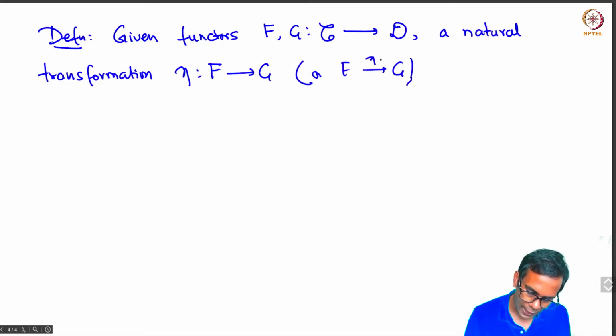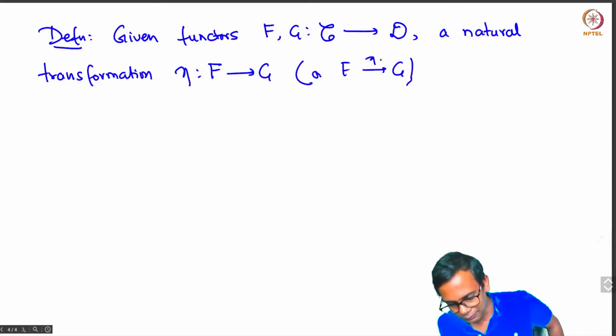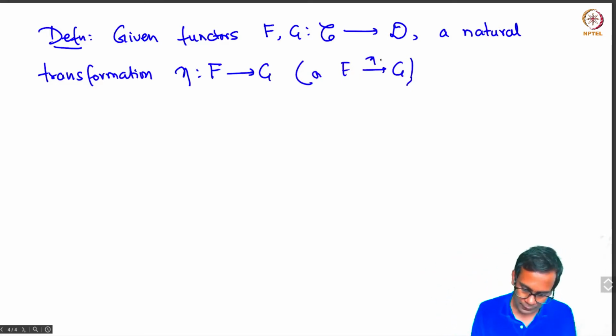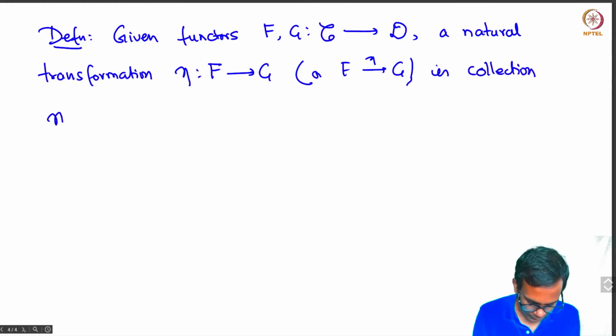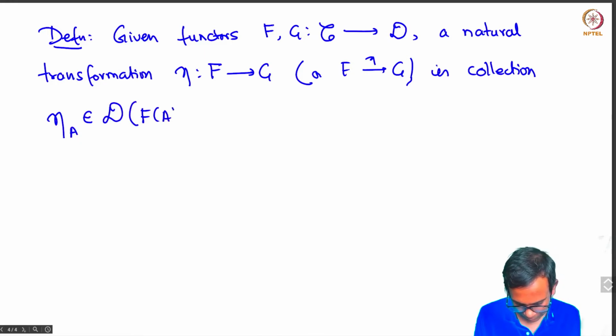So eta is an arrow in some category which we'll come to later, but eta is a natural transformation from F to G. It is a collection of arrows, eta A, and this eta A has to be in the category D and should be an arrow from FA to GA.